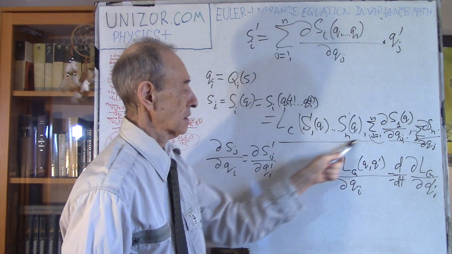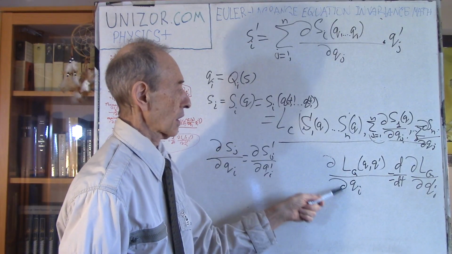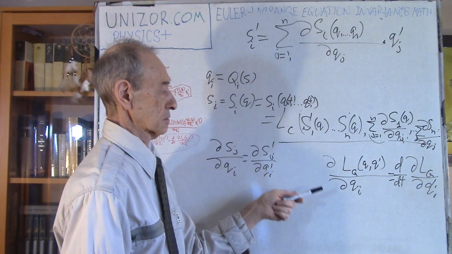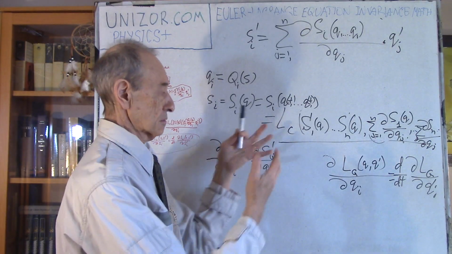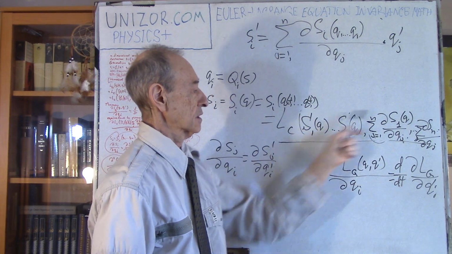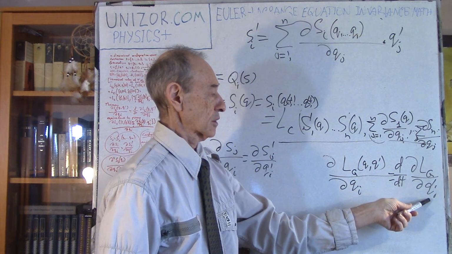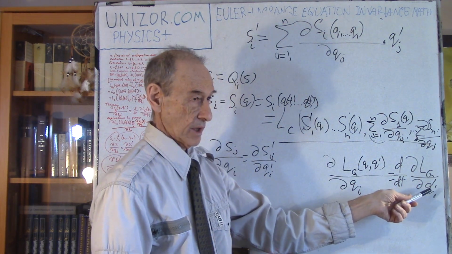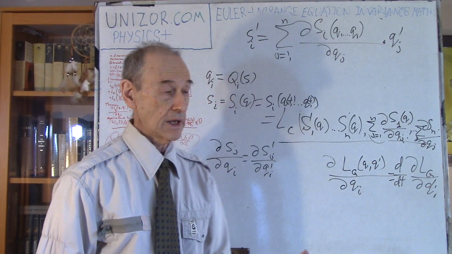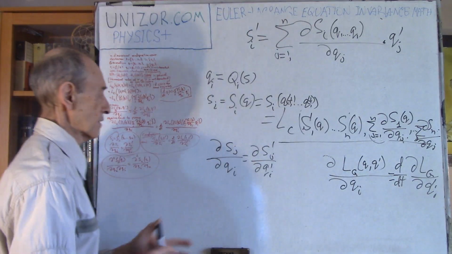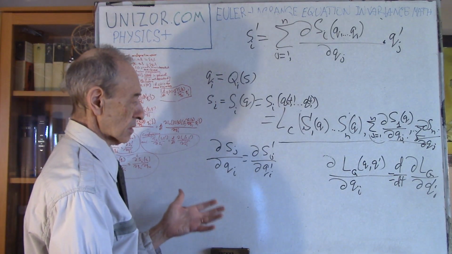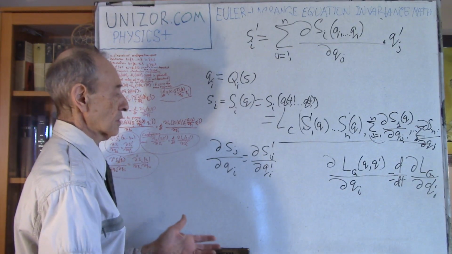So first I evaluate this thing. I differentiate the whole thing by one particular qi, and get the formula. Then I do this thing: I differentiate it by qi prime, by velocity, and then differentiate it by time, using this thing and using the Euler-Lagrange equation in Cartesian coordinates.